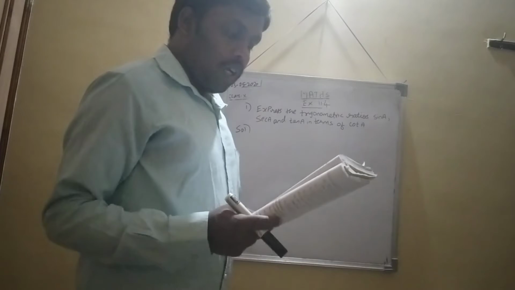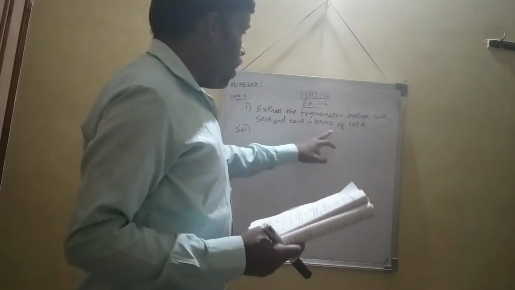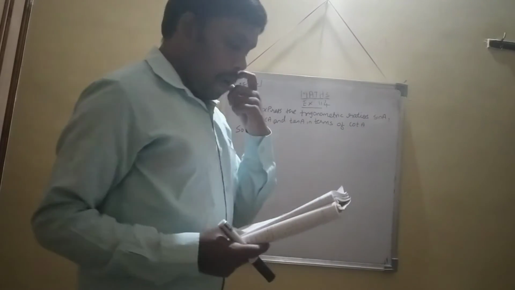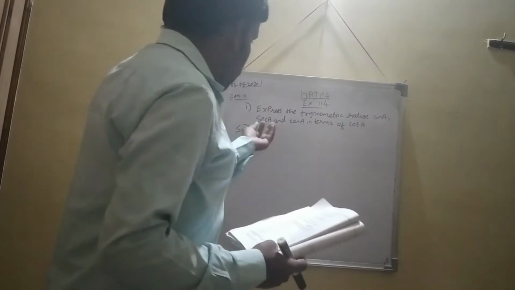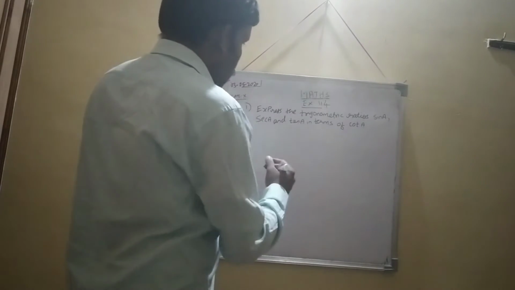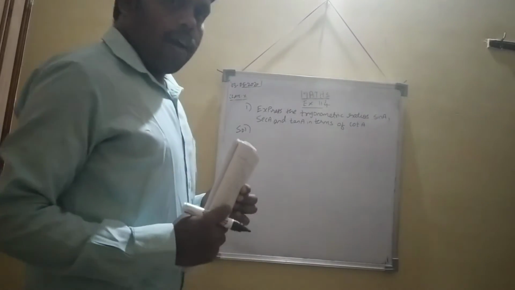For the first question, express the trigonometry ratios sin A, secant A and tan A in terms of cot A. So in terms of cot A, we have to write sin, secant and tan. Now we'll consider how sin is related to cot.